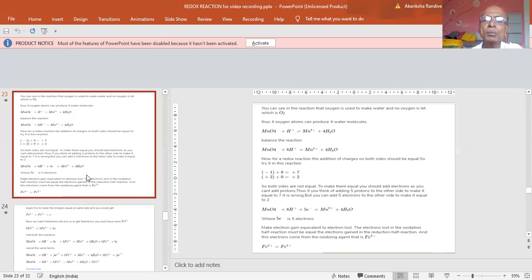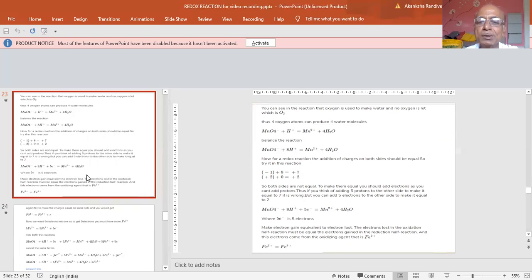So MnO4 minus plus H plus gives Mn2 plus plus 4 H2O. So balancing the equation, this reaction is MnO4 minus plus 8 H plus gives Mn2 plus plus 4 H2O.